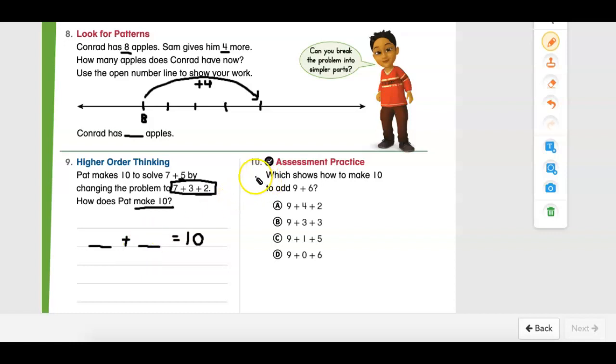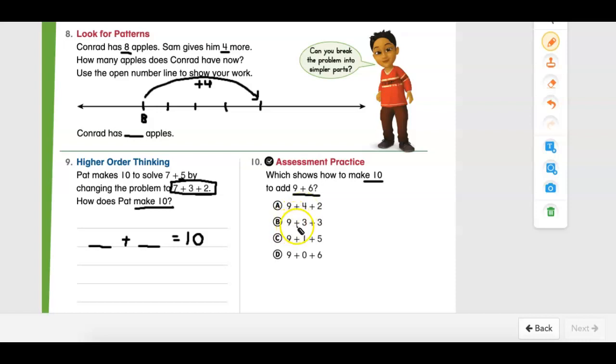And on problem 10, it says, which shows how to make 10 to add 9 plus 6. So, in which of these equations in our answer choices could we make 10 to add 9 plus 6? So we are going to be looking at the first two numbers in our equation. Does 9 plus 4 equal 10?